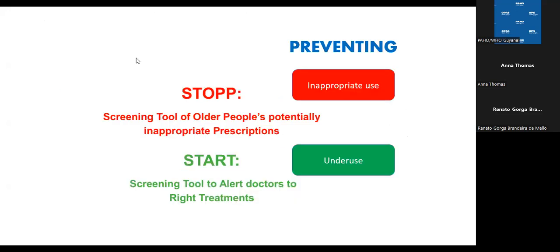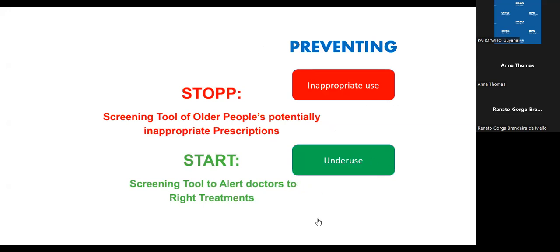The first one is the STOPP/START criteria. STOPP for screening tool of older people's potentially inappropriate prescriptions, and START for screening tool to alert doctors to right treatments. These tools are very important to prevent inappropriate drug use and to prevent underuse as well.